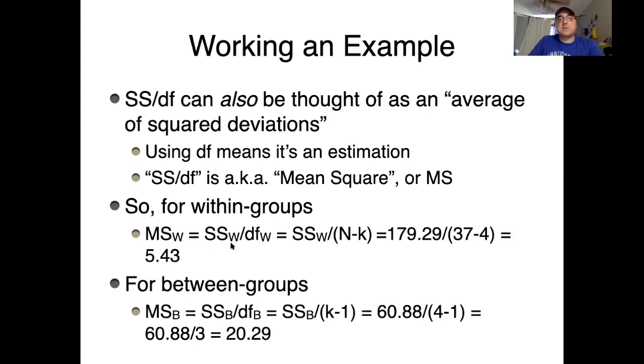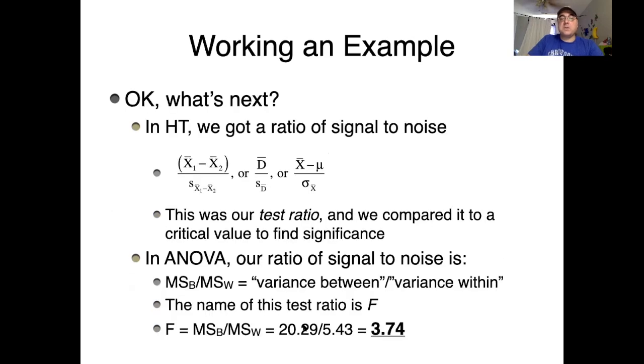Mean square within equals sum of squares within divided by degrees of freedom within, which is 179.29 divided by 37 people in the study minus 4 groups, 5.43. Put those in a ratio, we get a 3.74. That is the F ratio. That is the test ratio. That is what t used to be. F equals 3.74. We have now boiled the entirety of our data set down to one number that expresses how much evidence we have versus how much noise we have.